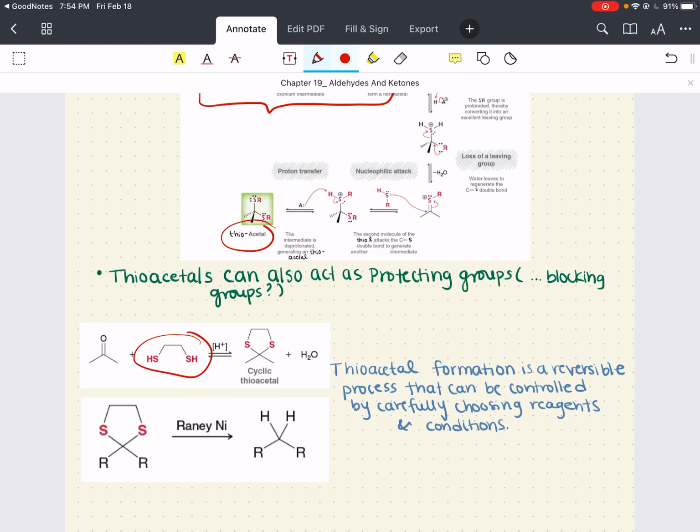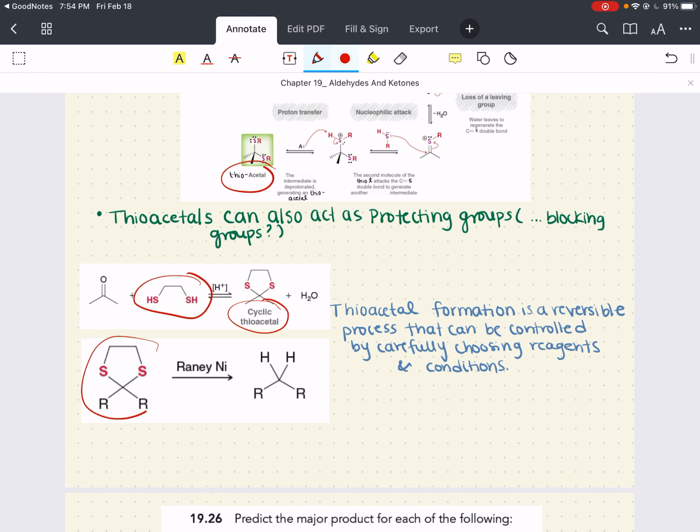The way that you go from a thioacetal back to a ketone or aldehyde is analogous to what we just covered. Now, a cool thing is if you take your thioacetal and then you introduce Raney nickel, what you can do is actually reduce the carbon.